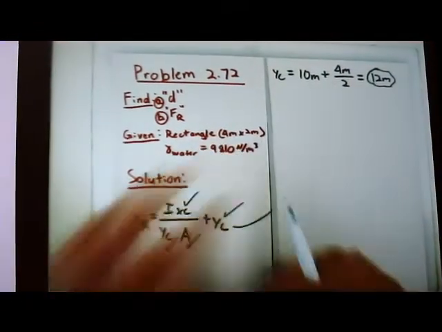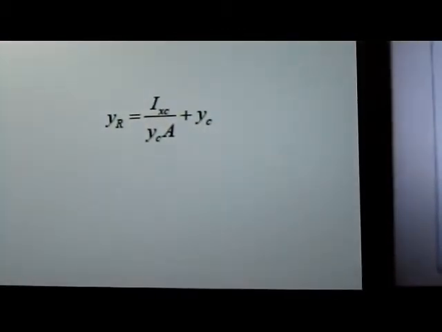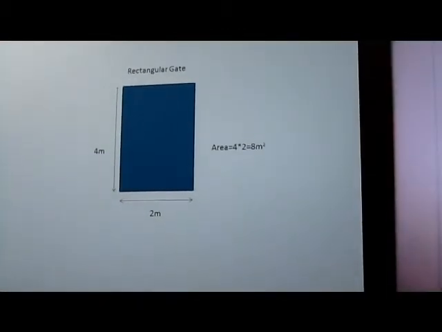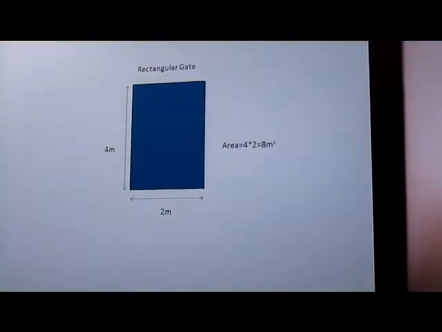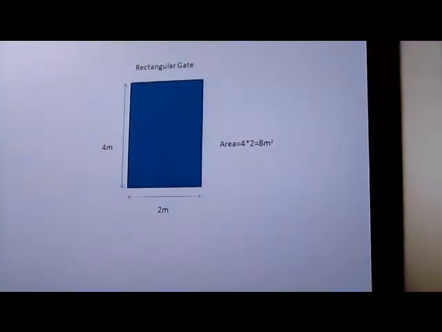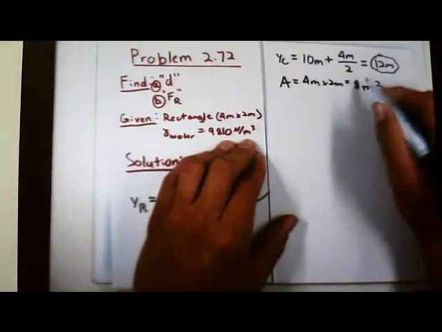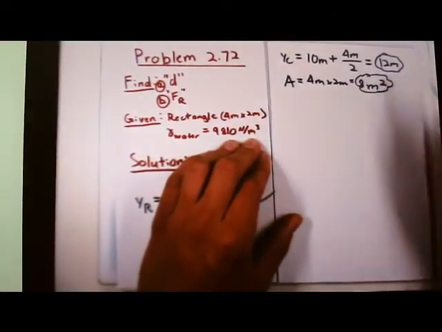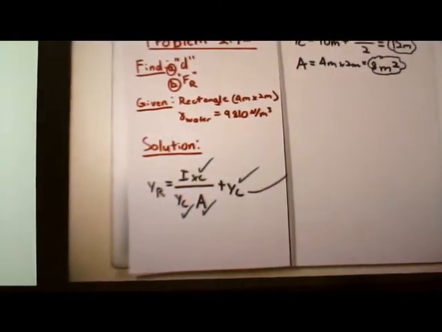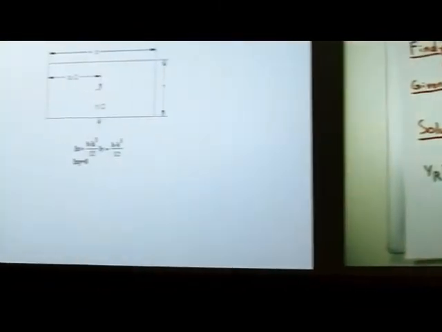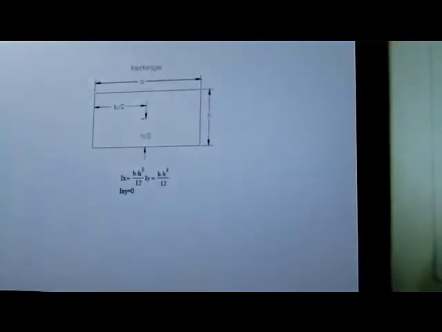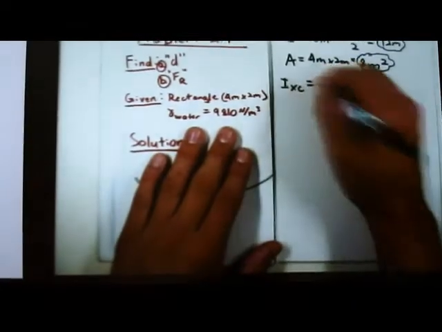Next, let's look at A, the area. Simple enough. The area is equal to what they gave us, 4 meters times 2 meters, equals 8 meters squared. Finally, we want to find I_XC, the moment of inertia around the x-axis. I_XC is just a given equation.